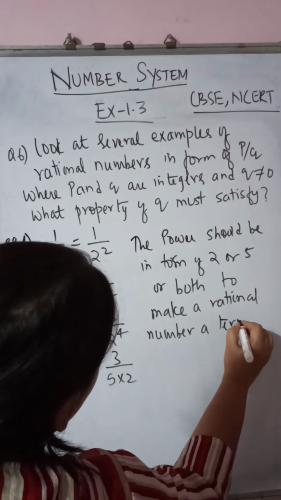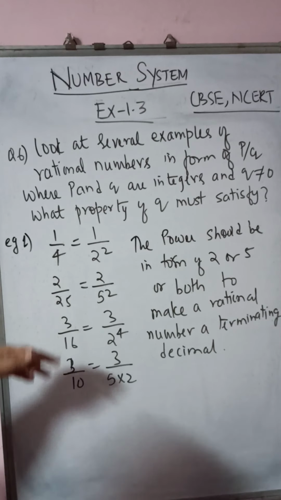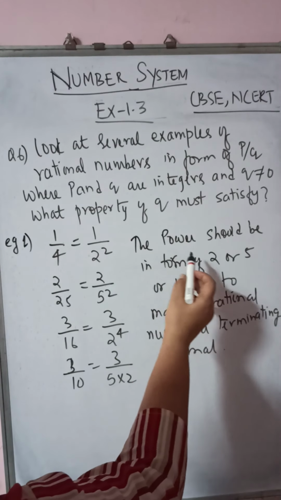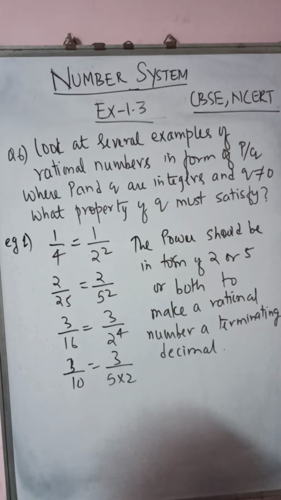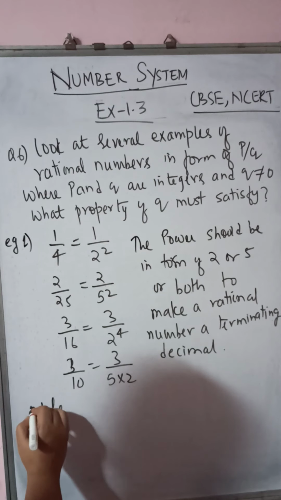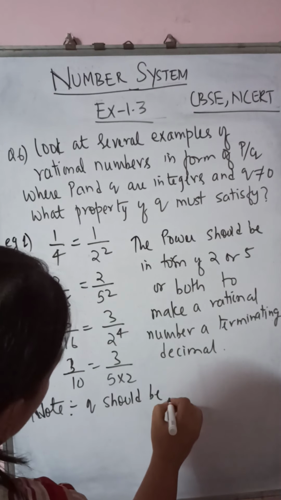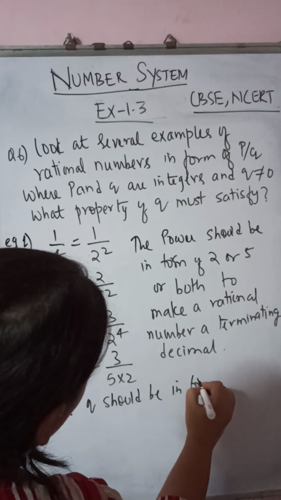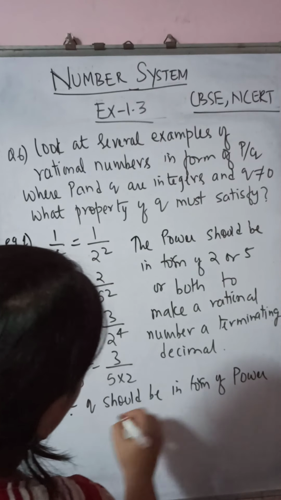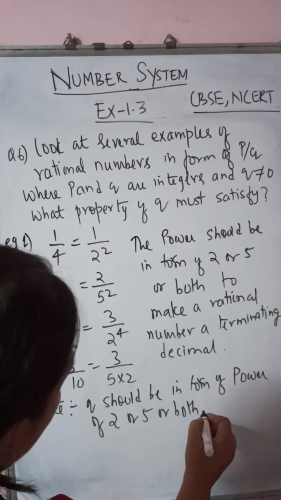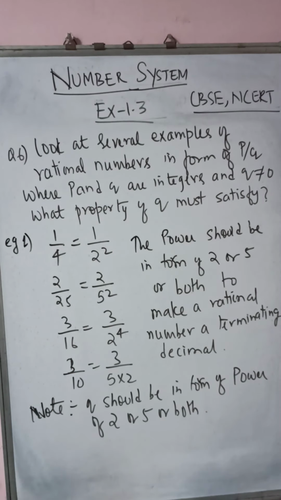Whenever we have to find whether a rational number will have a terminating decimal, the denominator should be in the form of a power of 2 or 5 or both. So note, q should be in the form of a power of 2 or 5 or both. So question number 6 is done.